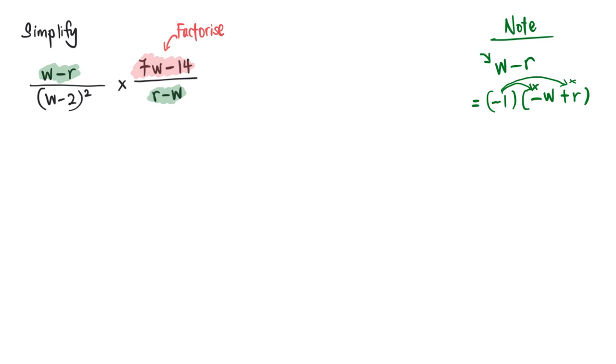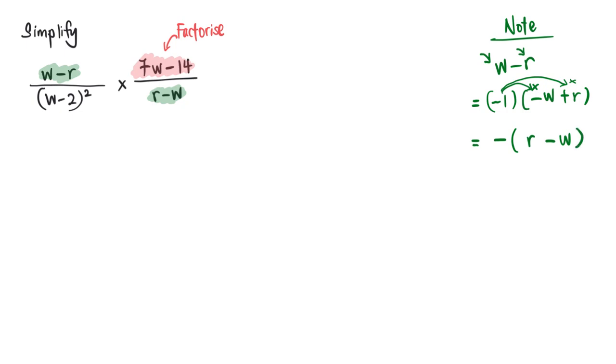Negative 1 times positive r does give me back my negative r. And so to write this in perspective, this will become this, and actually if r is positive, I could write r in front. w is negative, so I'm going to write it as negative w.